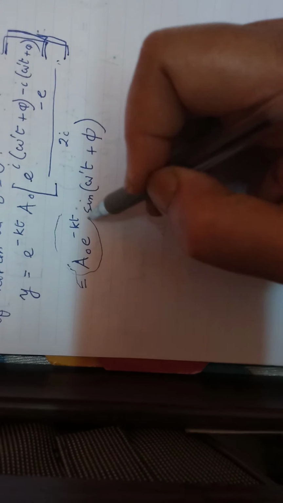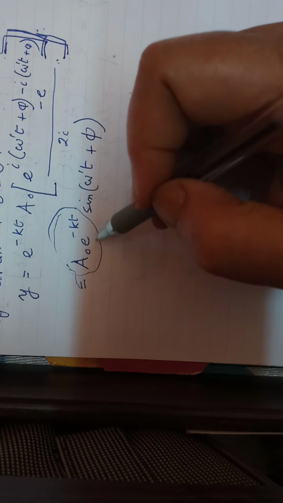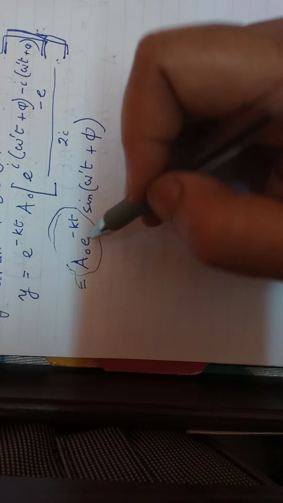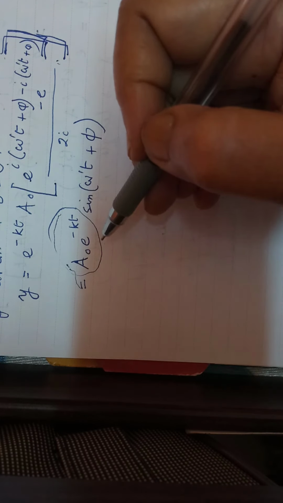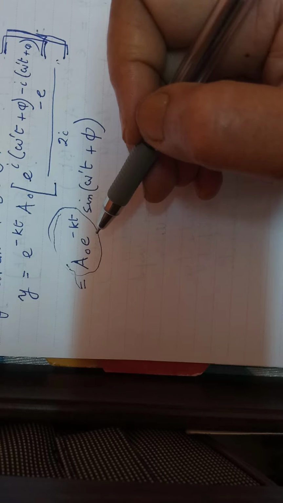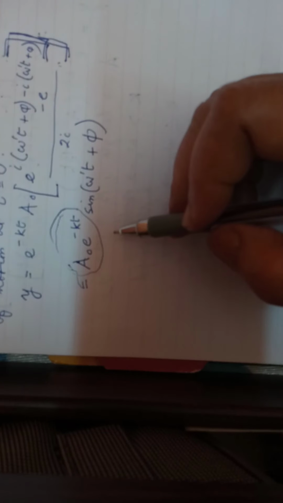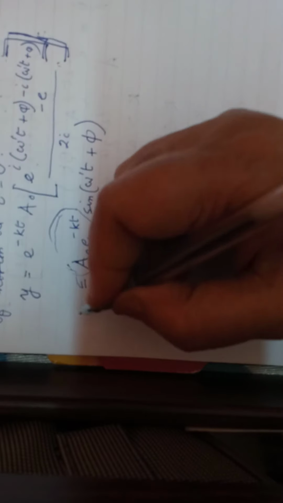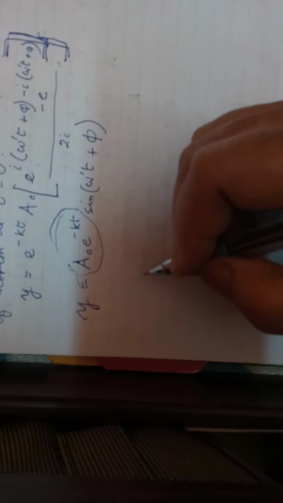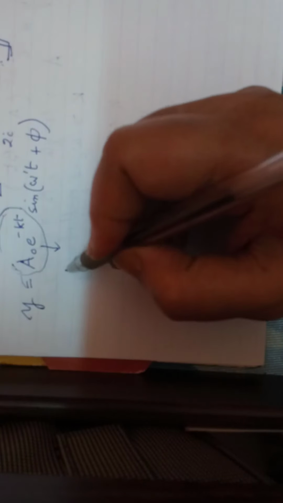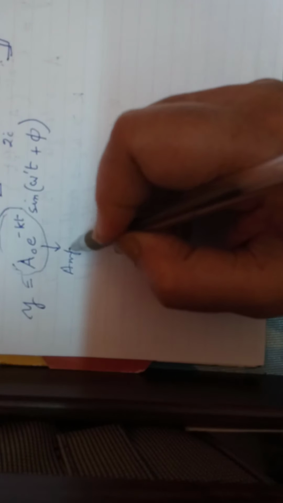Instead of a0 now, you have this term. As I told you before, this plays a significant role in damping. So this is the equation of a damped oscillatory simple harmonic motion, y equal to this, with this as the amplitude.